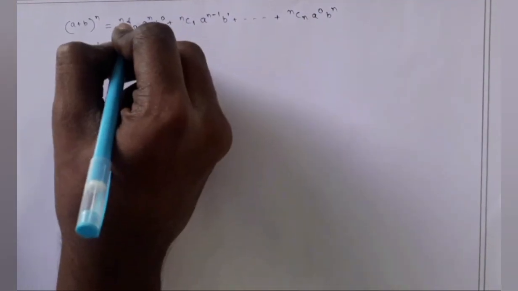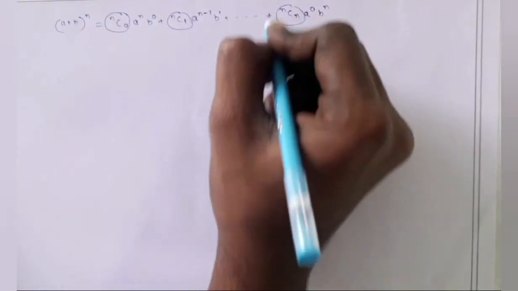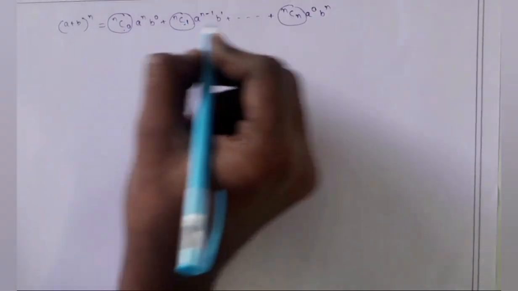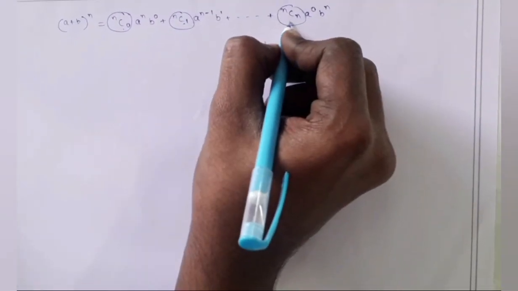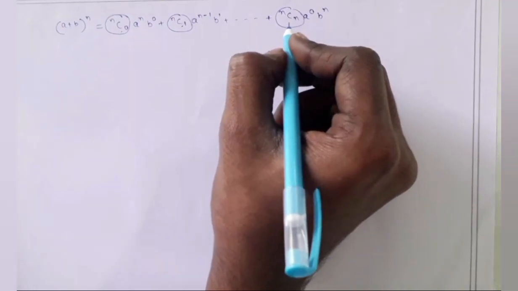Here nC0, nC1 up to nCn are called binomial coefficients, with which we can form a Pascal's triangle.